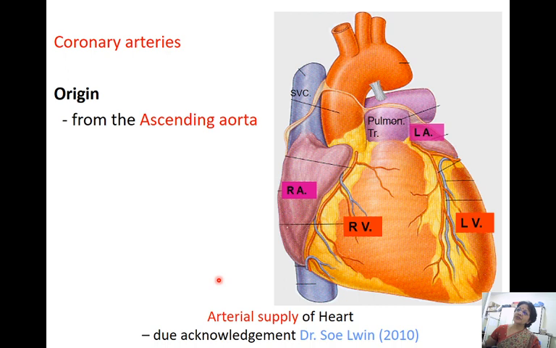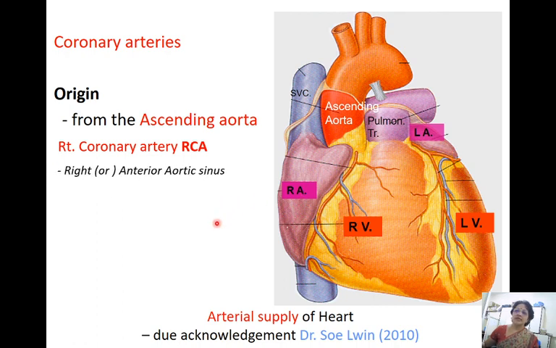So both coronary arteries are essential. The right coronary artery comes out from a place in the aorta, the origin, called the right or anterior aortic sinus. It is the bulging area of the first part of the aorta.